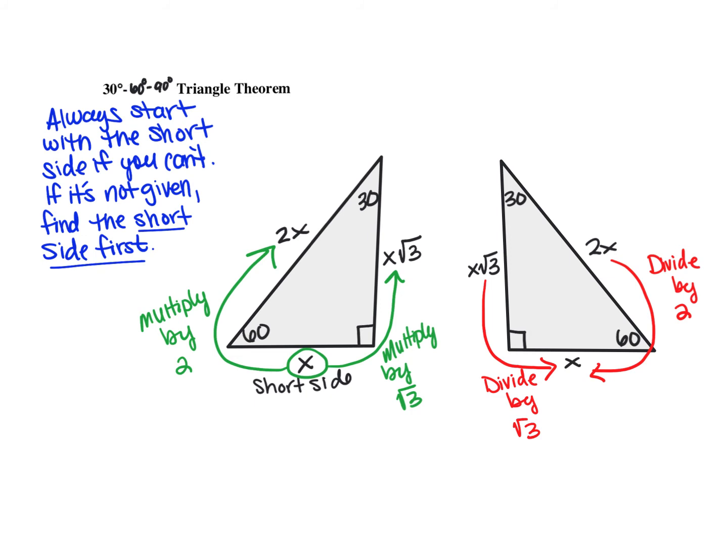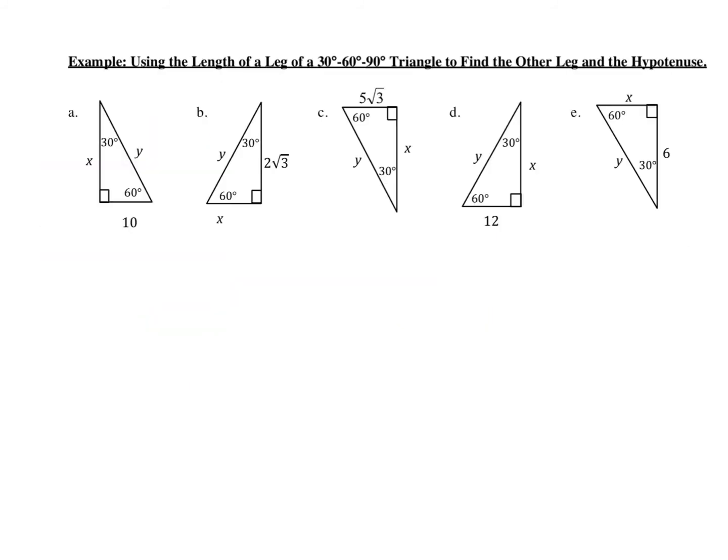So let's do some practice problems with these. For letter A, I'm just going to draw the equilateral triangle. You don't always have to do this, but sometimes it helps you see where things are coming from. Remember, in our very first investigation, this was an equilateral triangle, right? So if this side is 10, then this side is 10, and that makes finding y really easy.